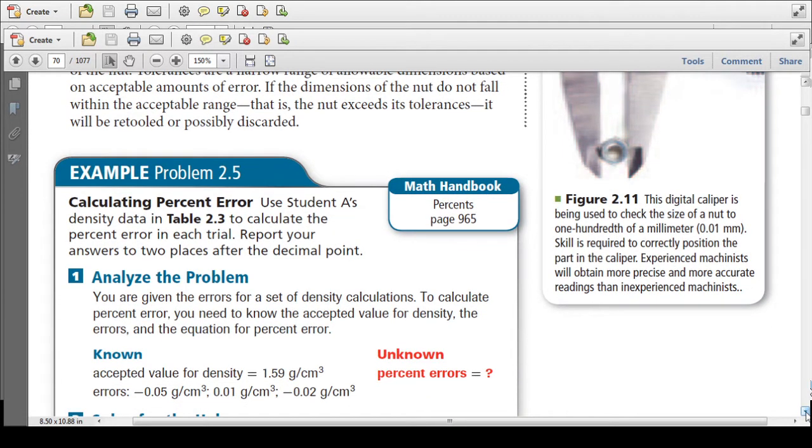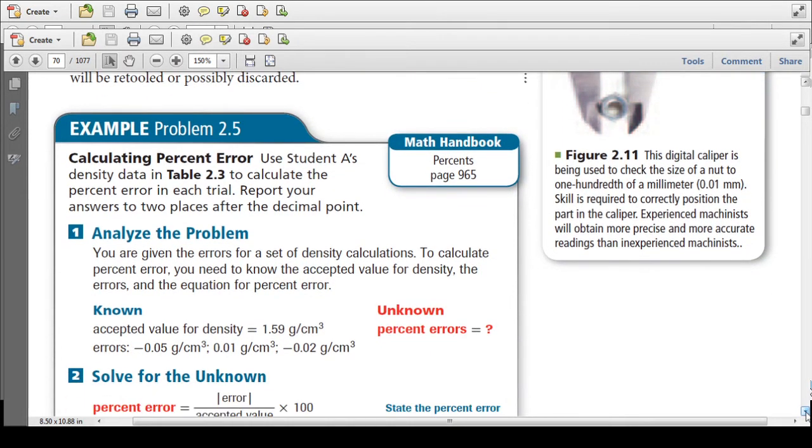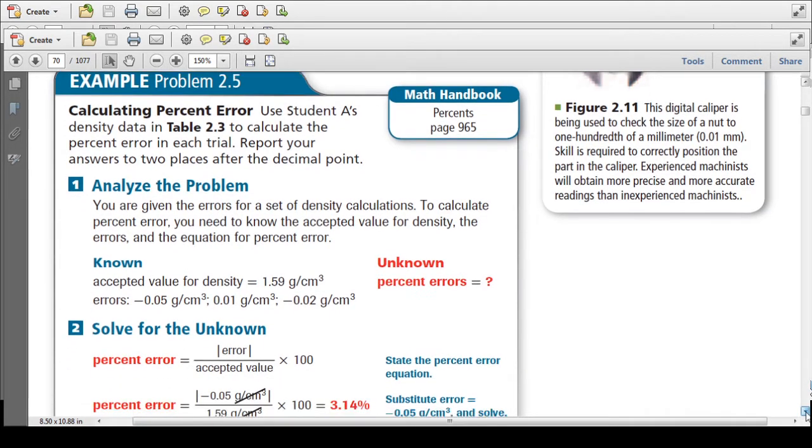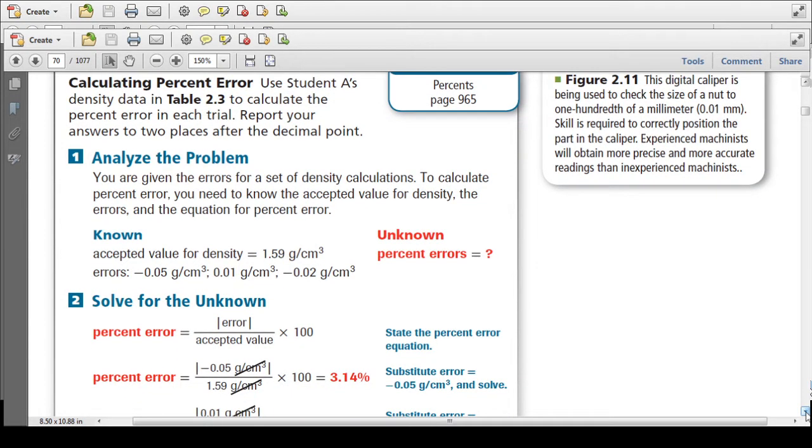All right, so calculating percent error. Let's use student A's density in the table above to calculate the percent error in each trial, and we're going to report that to 2 decimal places. You are given the errors for a set of density calculations.